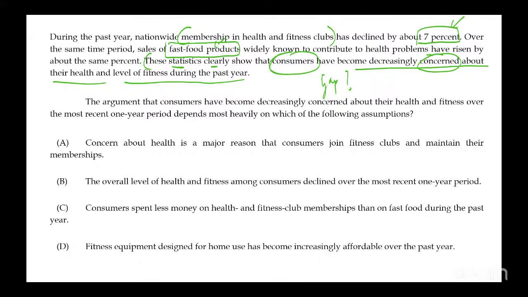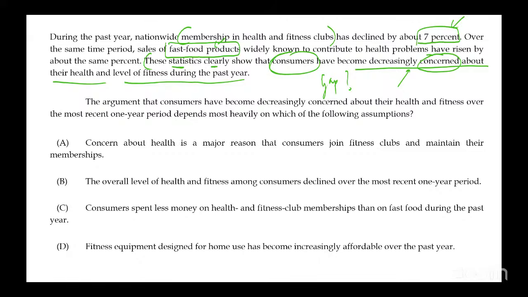So a tourism boom, and people started working out at home instead of going to the gym. Then we can't really say that consumers are less concerned, right? So I'm just helping you understand there could always be gaps in the argument, even if it looks like a very good argument upfront, right? Let's look at the options.